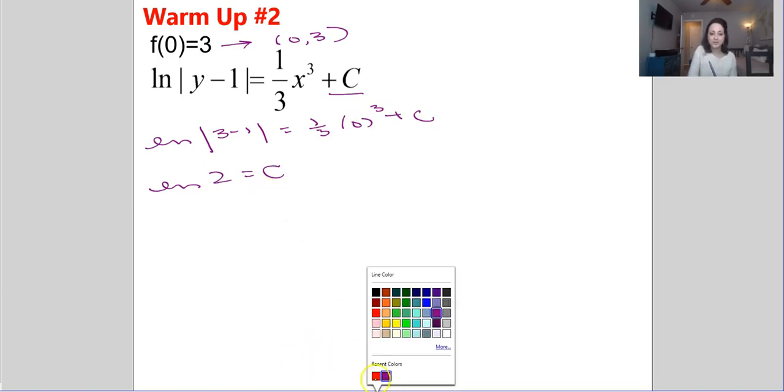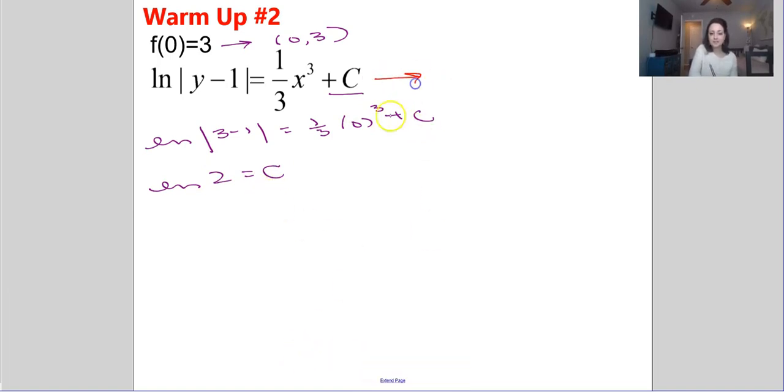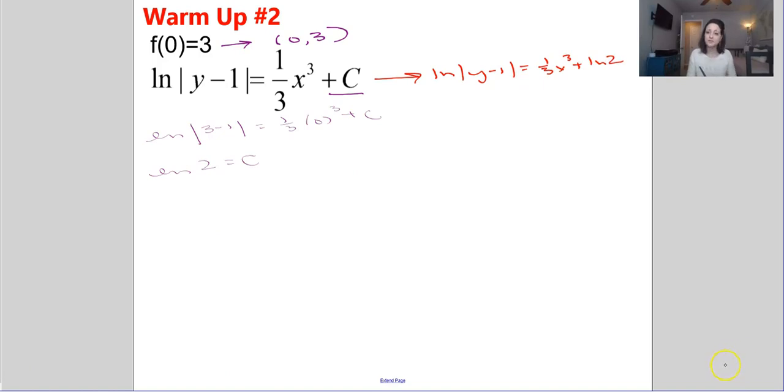So now we are going to come back to the first place we saw that c and plug that in. So I've got ln of the absolute value of y minus 1 equals 1/3 x cubed plus ln of 2. So now I want to solve for y. I see some ln's, so always get your ln's on one side.